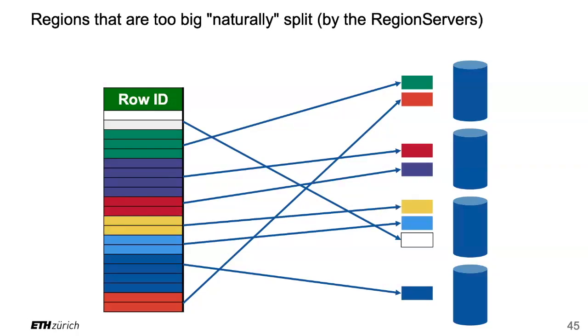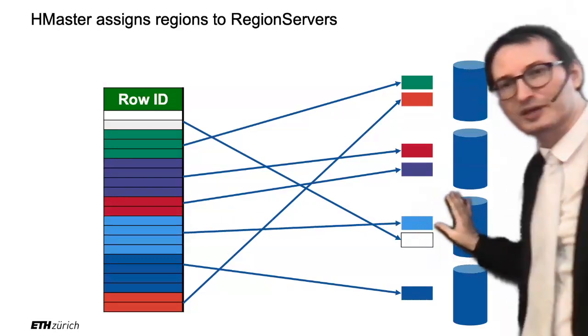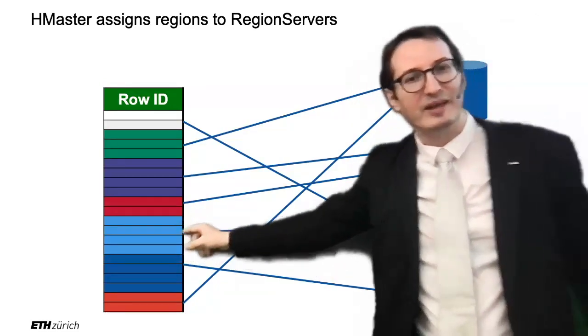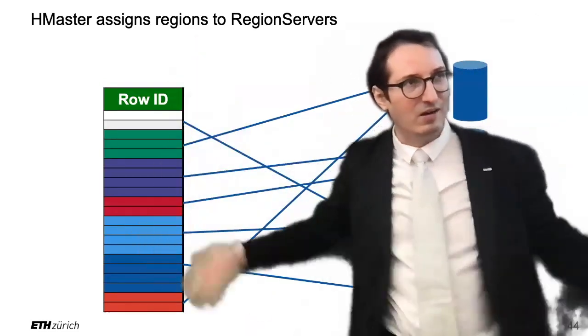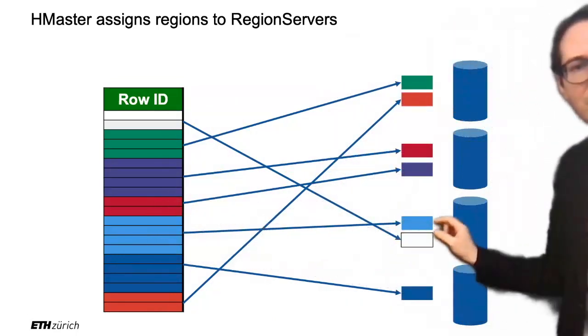When it's too large, something is done locally by the region server. For example, this region server here might have noticed that this region has become too big. It might have, for example, 4 rows, but very large objects in there. So it's exceeding a certain size.